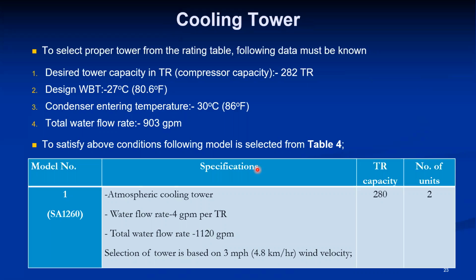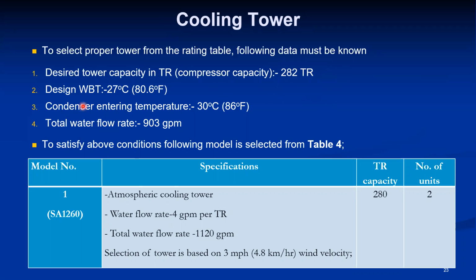Cooling tower: to select the proper tower from the rating table, the following data must be known. So the desired tower capacities, our compressor capacity, total capacity is 280 TR on one side, because 160 plus 120, so around 262. So on one side, the requirement is a 280 capacity cooling tower.